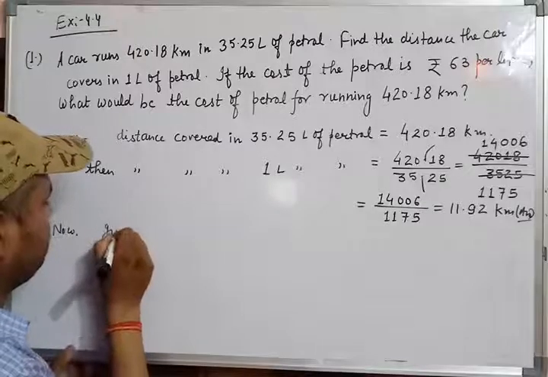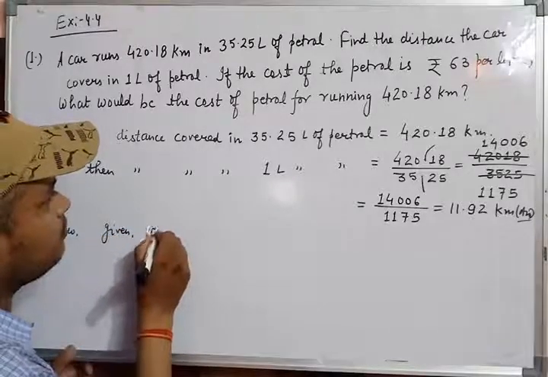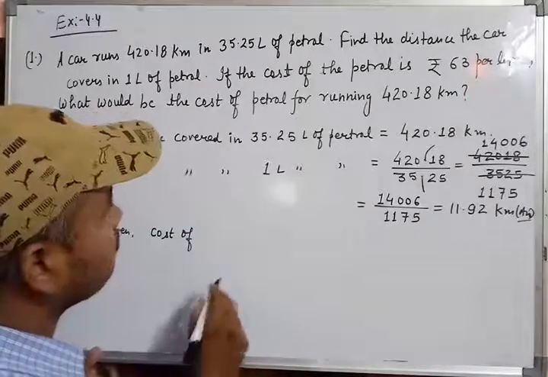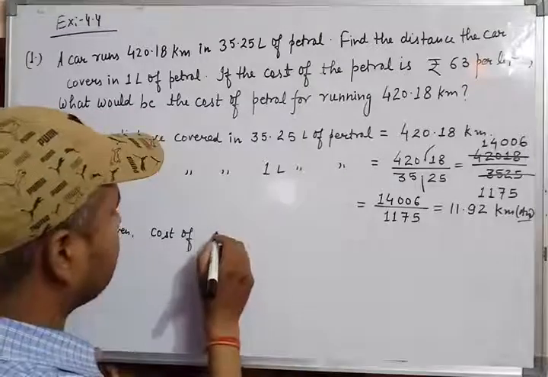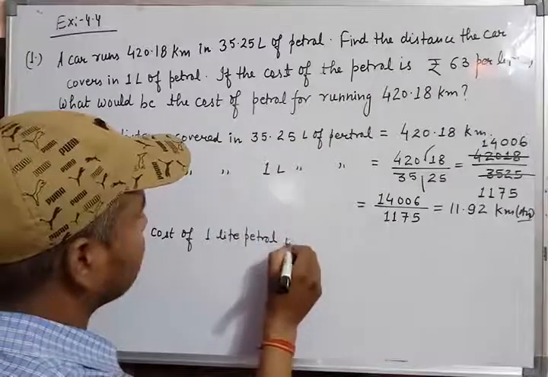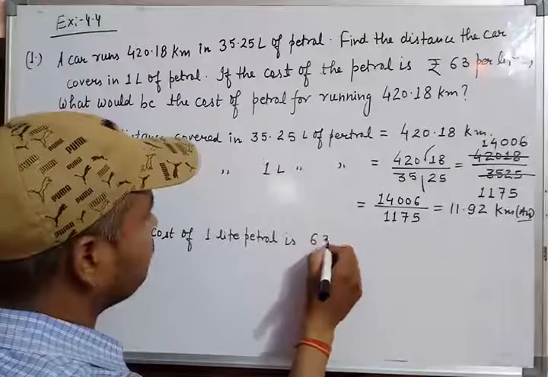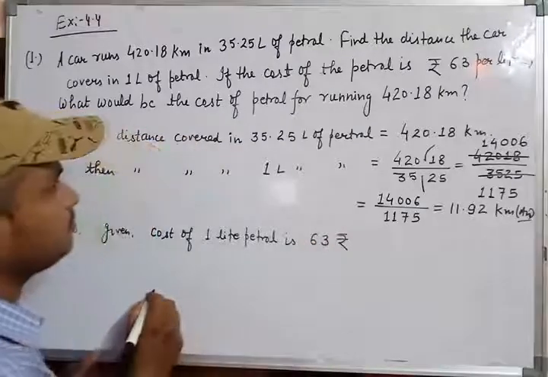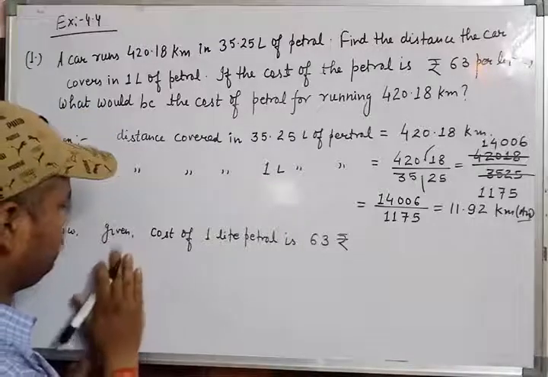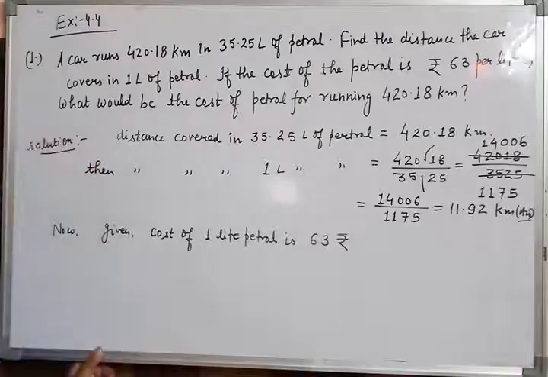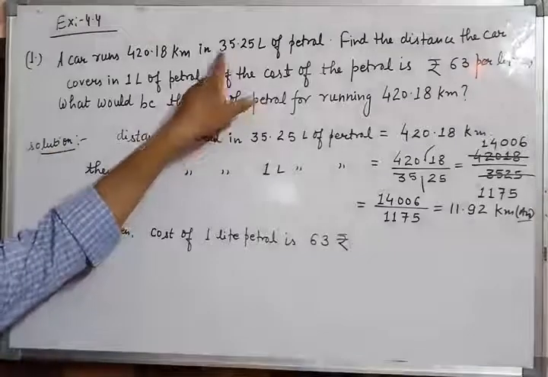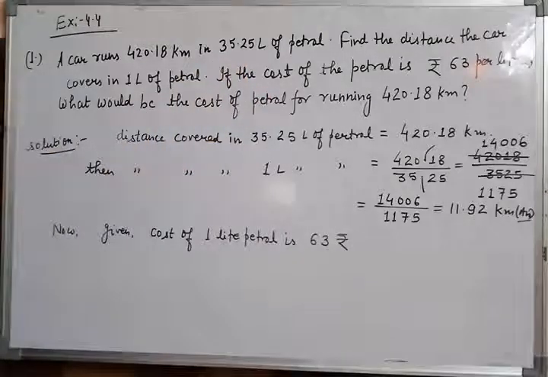Now since given, cost of one liter petrol is 63 rupees, and cost of 35.25 liter of petrol is, you have to find.